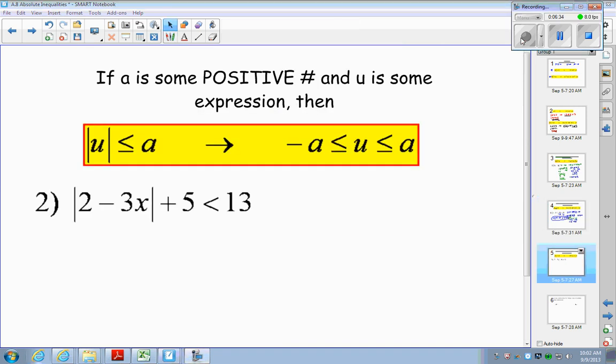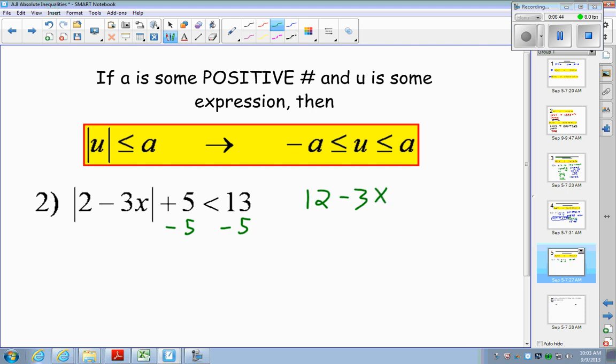All right, let's work on this last example. So here, first step, subtract the 5. Okay, so now we'll break it up to this expression right here. This one, though, I want you guys to work on.